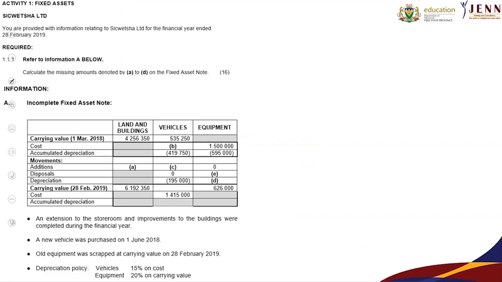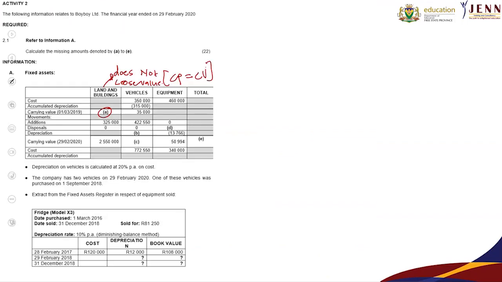Now let's go and check. What am I saying? We can either say cost price at the beginning plus additions minus disposals at cost price is equal to cost price at the end.